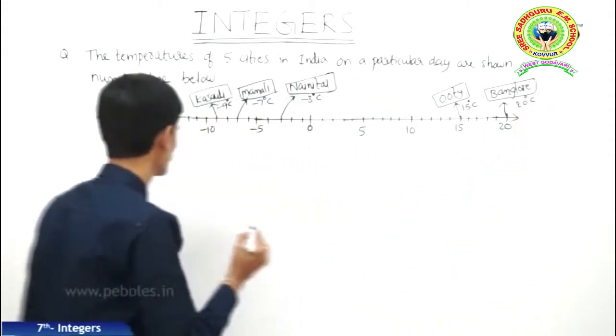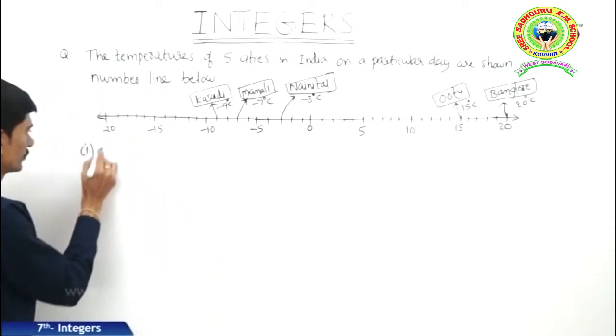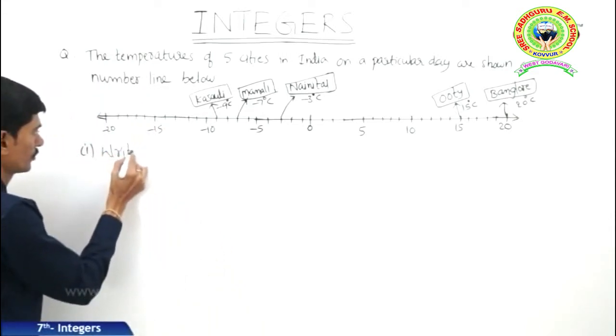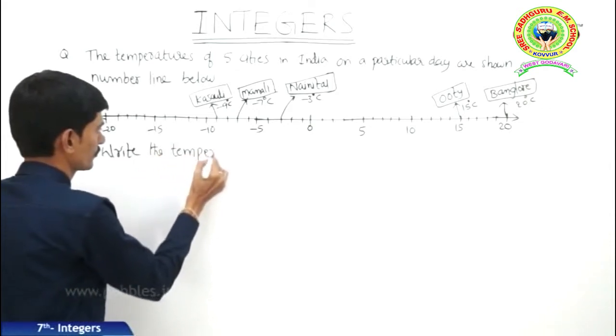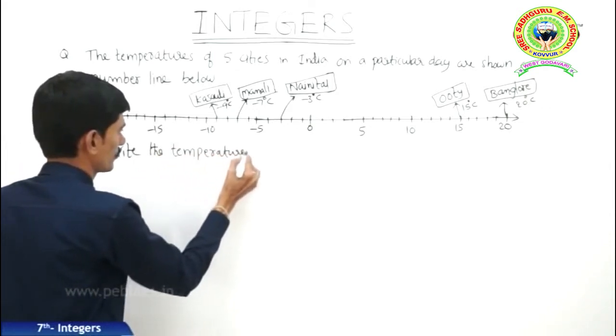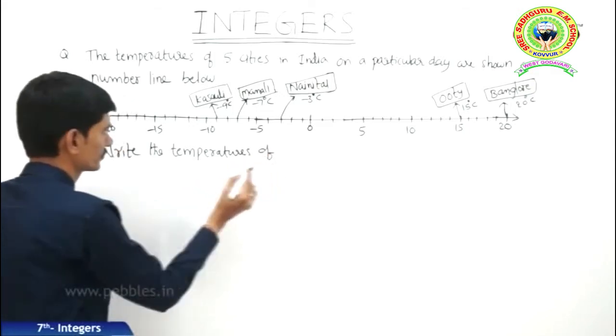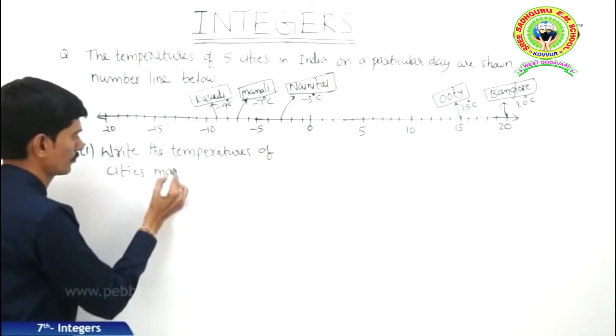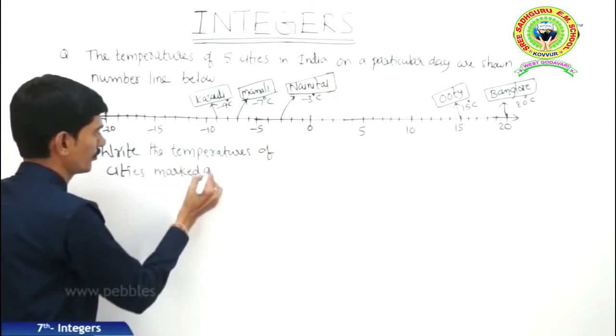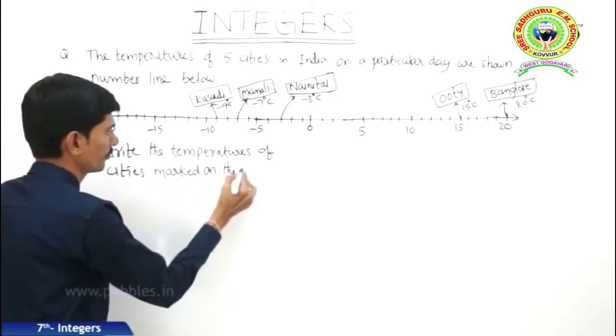So the first question is: write the temperature of cities marked on the number line.